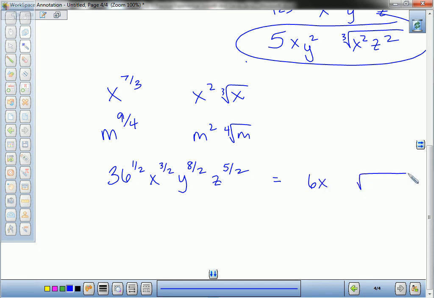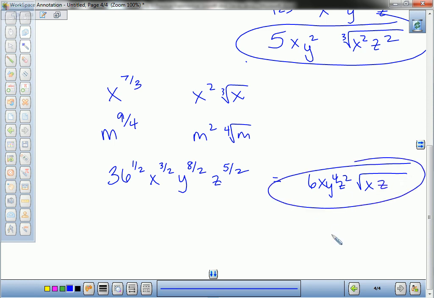How many are left over? 1. 2 goes into 8. 4 times. 2 goes into 5. Twice. And how many are left over? 1. Does that help? Okay. And then the rest would be the word problems.